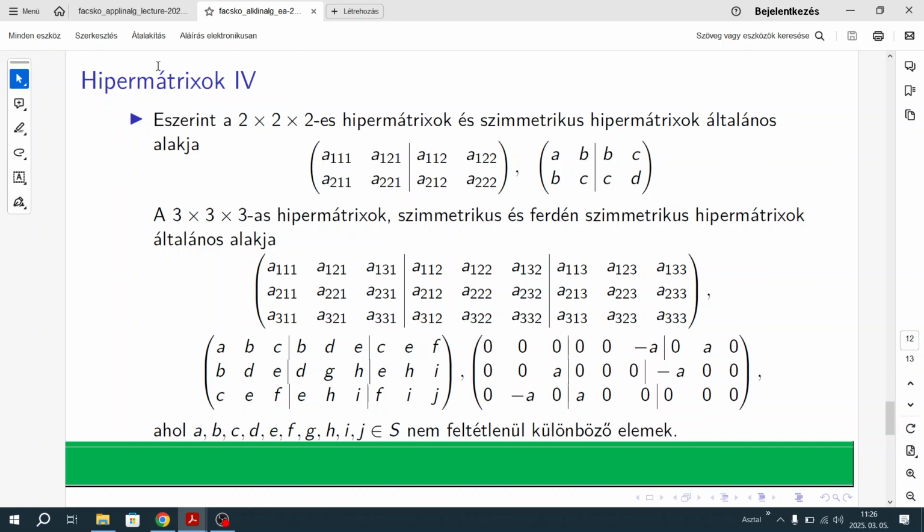That's the antisymmetric or skew symmetric matrices.